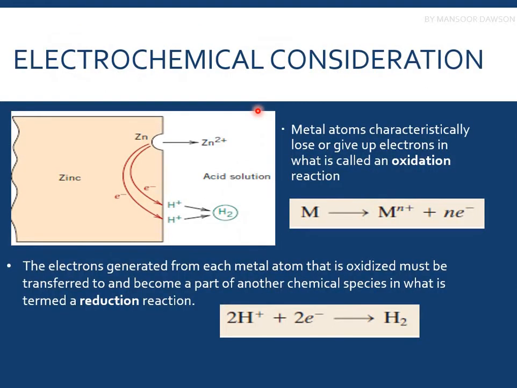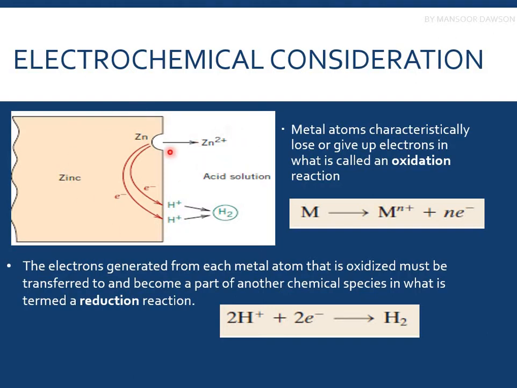In corrosion, there is always an electrochemical consideration. As you can see, this is the zinc part, and these are zinc atoms which are dissolved in an acidic solution. So when zinc is exposed to an acidic environment or a corrosion medium, it loses electrons. The losing of electrons is also termed as oxidation.